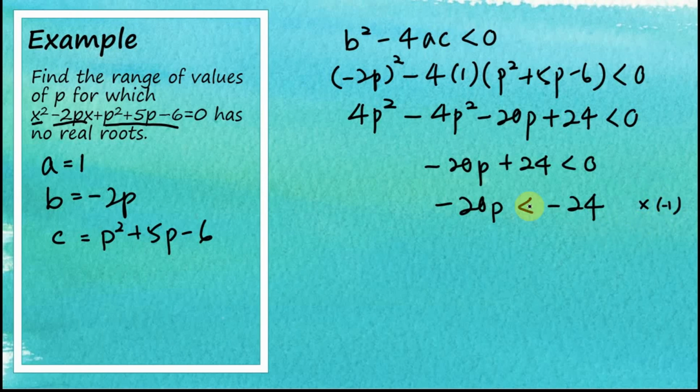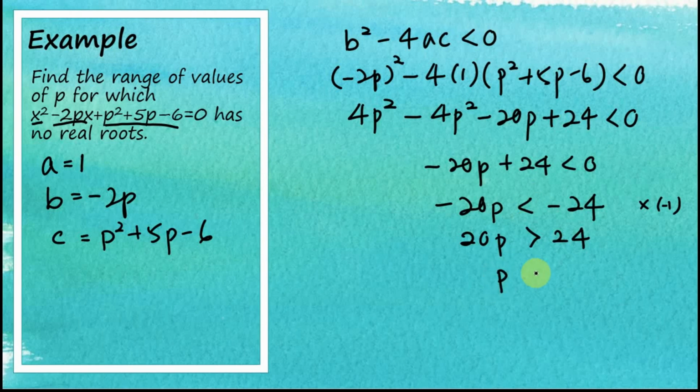Now remember, for inequalities, if you multiply the inequality by -1, the less than sign will change to more than. So this becomes 20p, and it becomes more than 24. So when you multiply inequalities by negative numbers, this symbol will change.